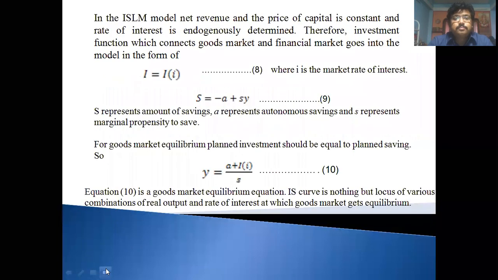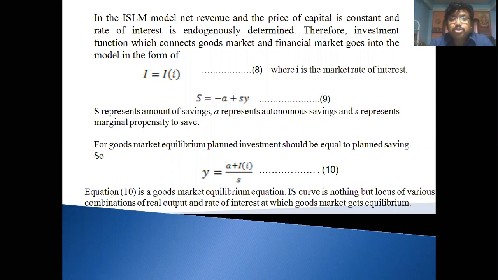Now, in the ISLM model, net revenue and price of capital are constant, and the rate of interest is endogenously determined. It is not exogenously determined, it is endogenously determined.